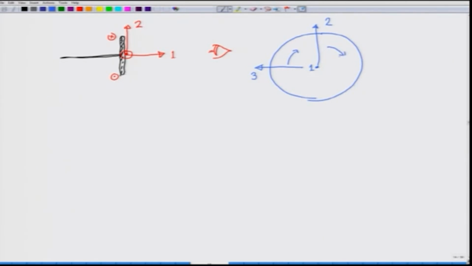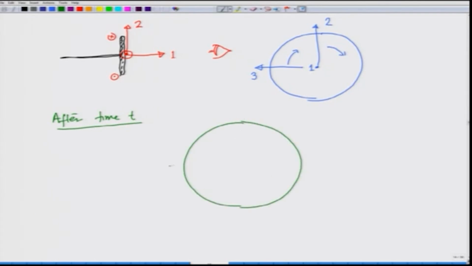So, after time t, the original axis 3 was like this, original axis 2 was like this, and now axis 2 has come here, axis 3 has gone here, and axis 1 remains coming out, and the wheel has rotated a bit.